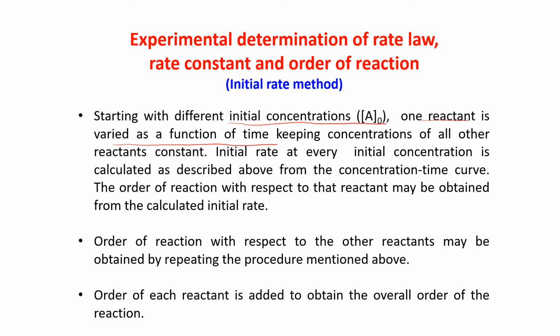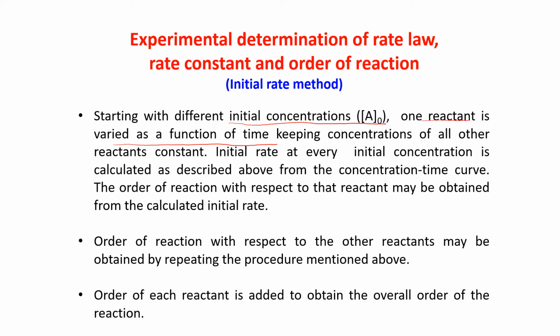So the initial rate at every initial concentration is calculated as described above from the concentration time curve. The order of reaction with respect to that reactant may be obtained from the calculated initial rate. That means now I'm getting the order with respect to A.